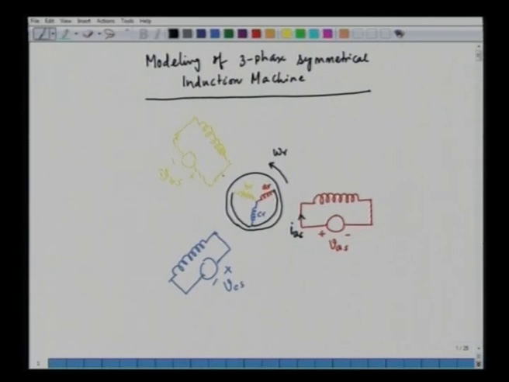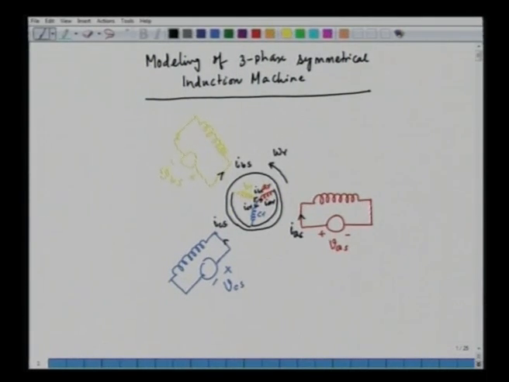In phase B we will similarly have IBS, and in phase C we will have similarly ICS. So, we have 3 currents in the stator and similarly we will have 3 currents in the rotor as well. So we have here IAR, here IBR, and here we have ICR.